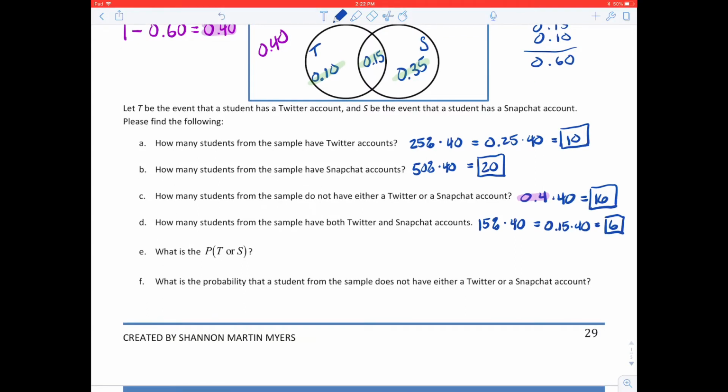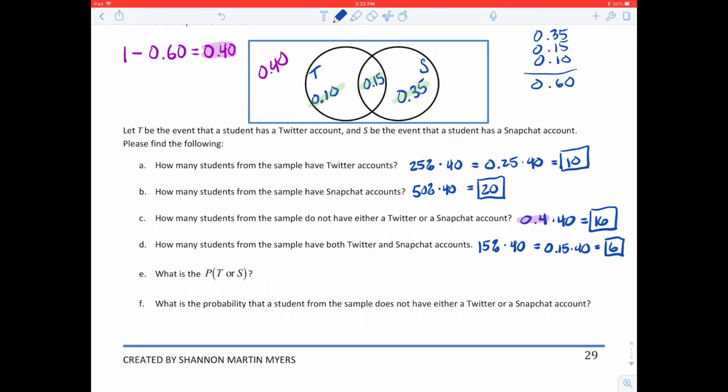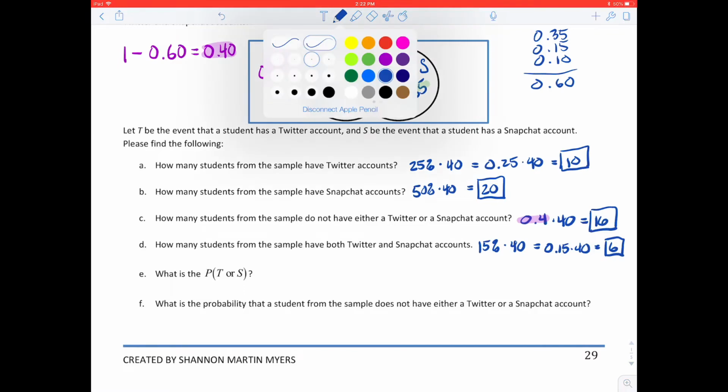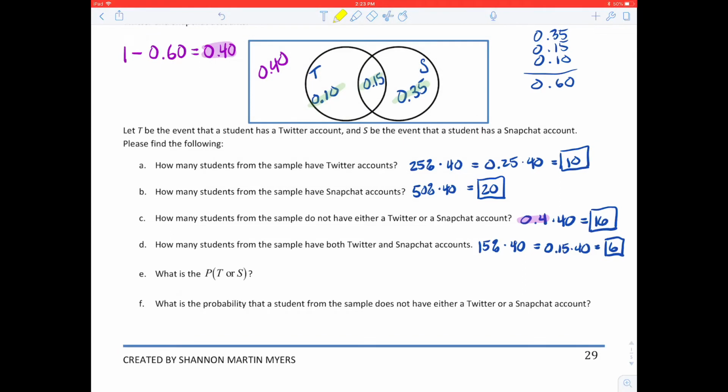All right. Now, what is the probability that the students have either a Twitter or a Snapchat account? So we have to be a little bit careful here because we don't want to double count this intersection area, right? So if you're looking at it using a Venn diagram, one way you can look at it is you can say, okay, I'm only going to count that once, right?